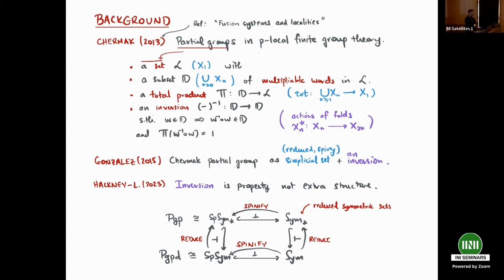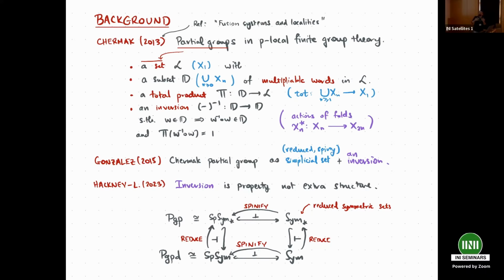This is not the usual definition. This is not the original definition of a partial group. As I said, Chermak defined partial groups very group theoretically, and identified some important examples that are related to the fusion system of a group at a prime, but not exactly the same.